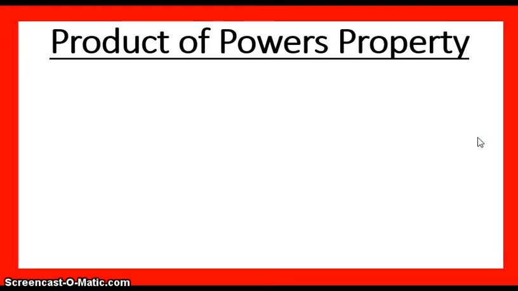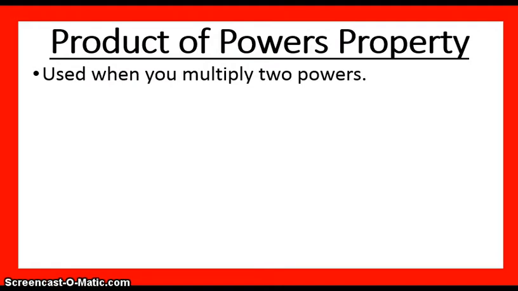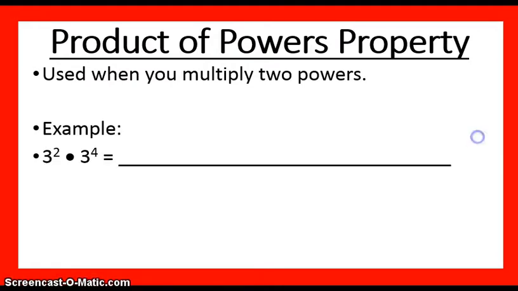Let's first start with the product of powers property. This product property is used when we multiply 2 powers. Here's an example. If we have 3 squared times 3 to the 4th, this is an example of the product of powers property because we're multiplying 2 powers with the same base.